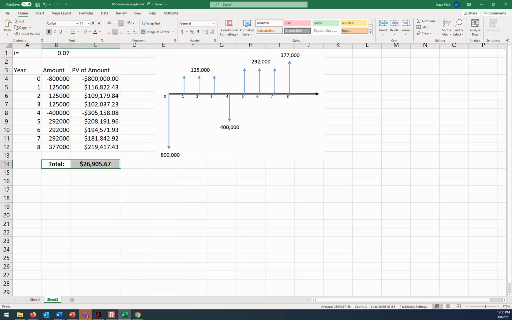Okay, so did you get that the present value of the project is going to be $26,905 if it's at 7%?